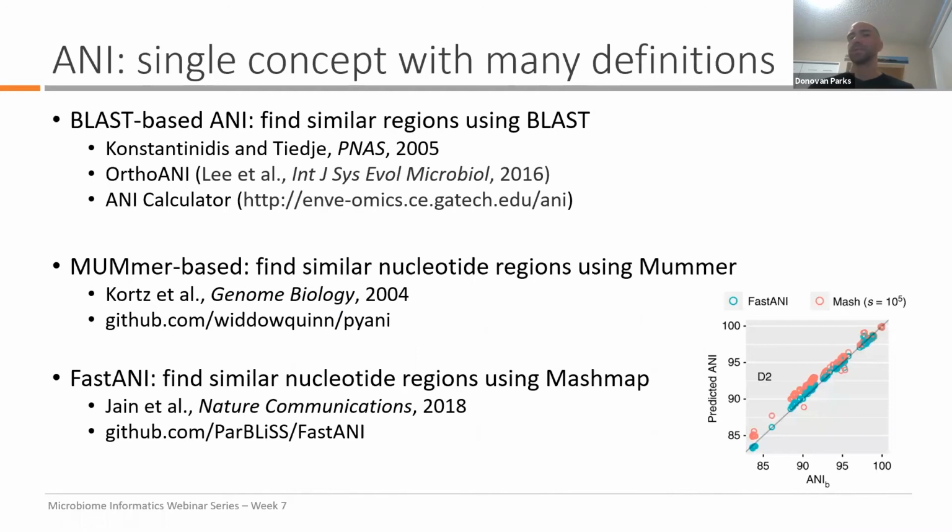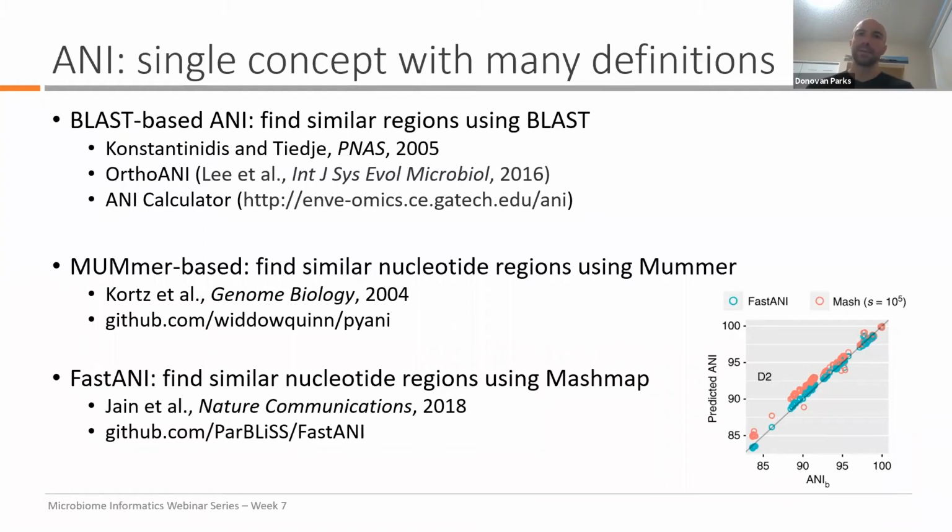Okay, so average nucleotide identity is basically a concept, and there are a number of different implementations of that. Originally, it was proposed back in 2005 using BLAST as the method to determine if two regions were similar, and criteria were put forth to decide, are they similar enough that we consider that a match or not?